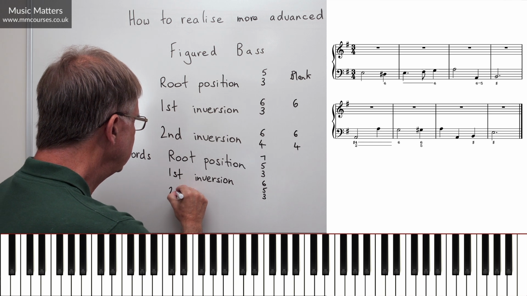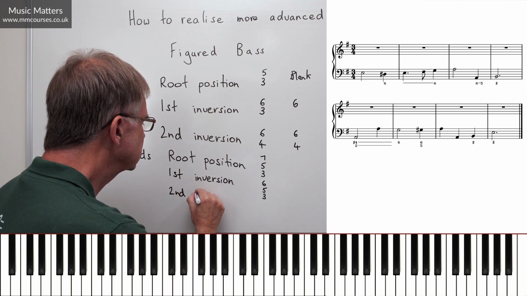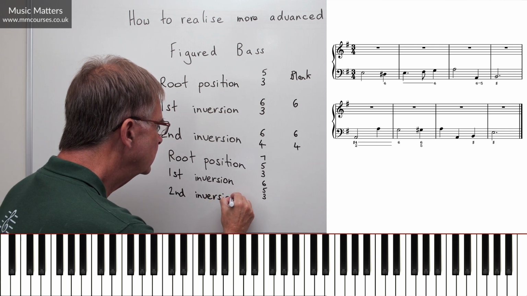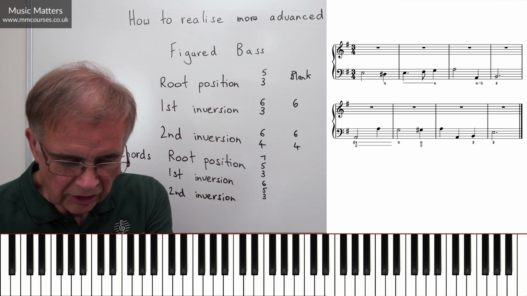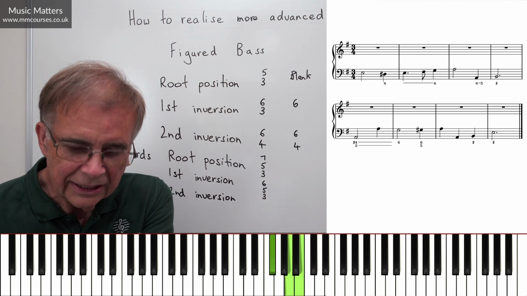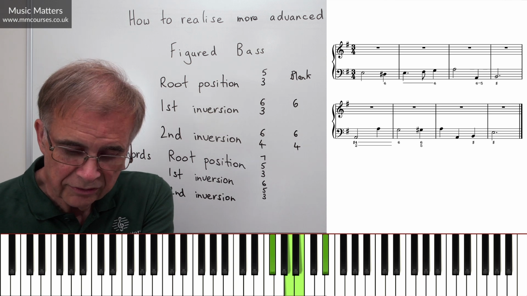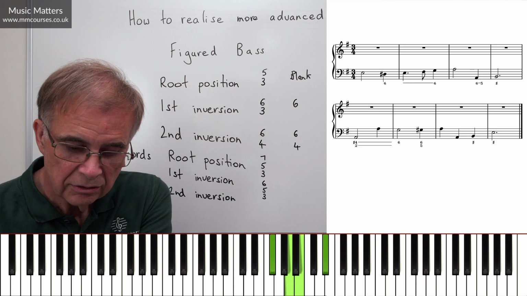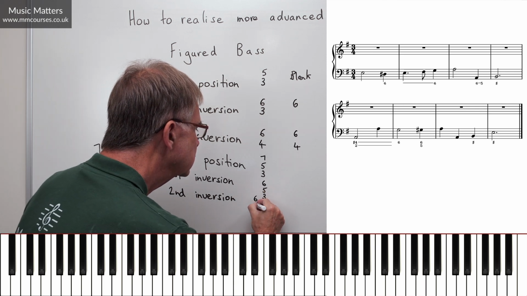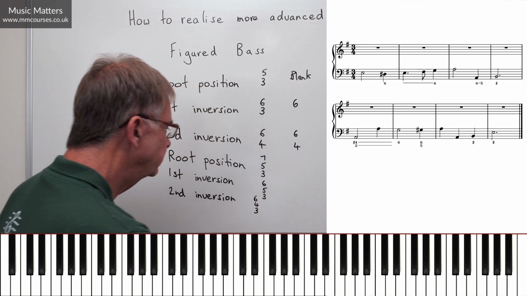If I go into second inversion, let's see what we end up with this time. So now I've got F sharp, A, B, D sharp. So what have I got? I've got 6, 4, 3. Okay, so that becomes 6, 4, 3.